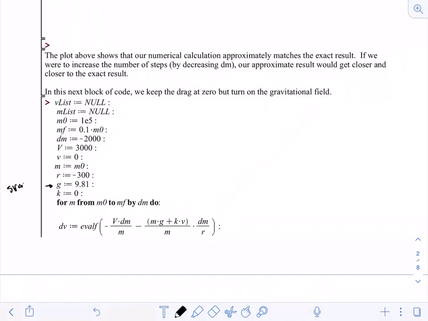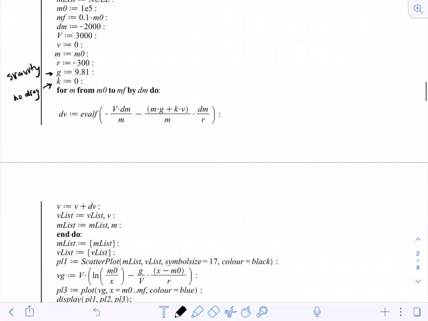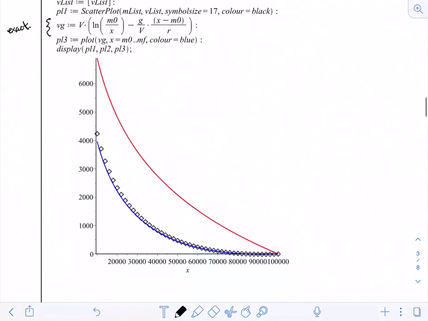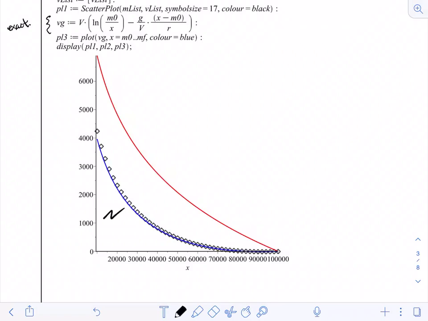So we have gravity, but no drag. Again, this is a problem that we've already solved, so when we run the exact same simulation, we can compare our numerical solution to the known exact solution. The blue line is the exact solution, and these are obviously our numerical solutions, and they're, again, quite close.